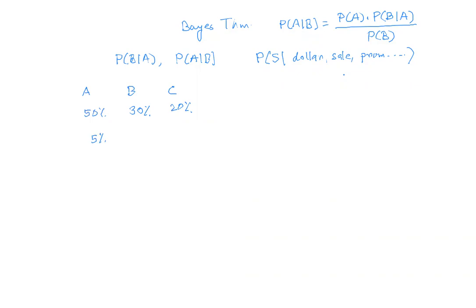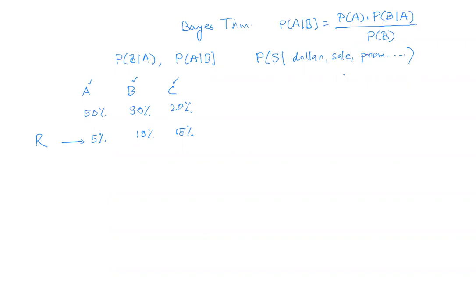When he arrives at hotel B, 10% of the times there is a problem with reservation. And similarly for hotel C, 15% of the times there is a reservation problem. Together we call these R, reservation problem. A is the event that the person stays at hotel A, B is the event that the person stays at hotel B, and C is the event that the person stays at hotel C.